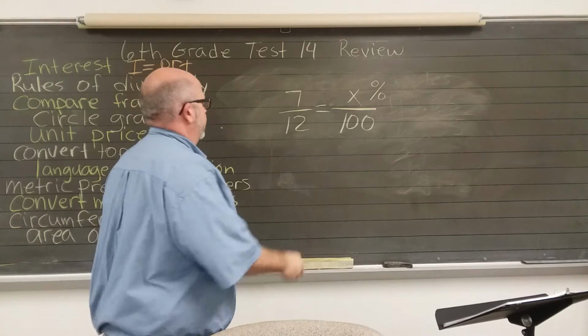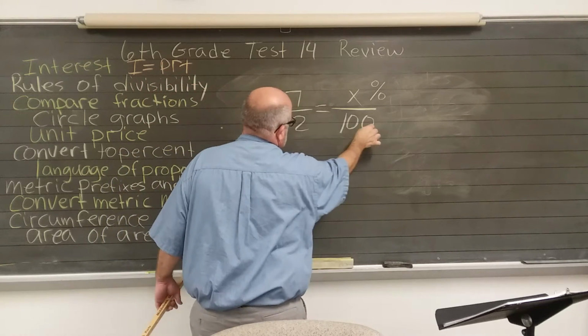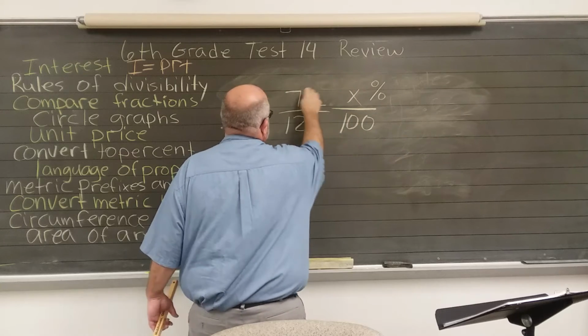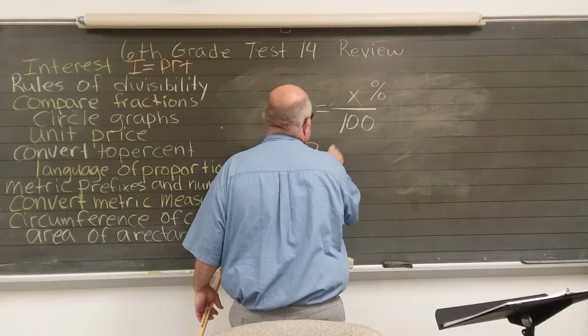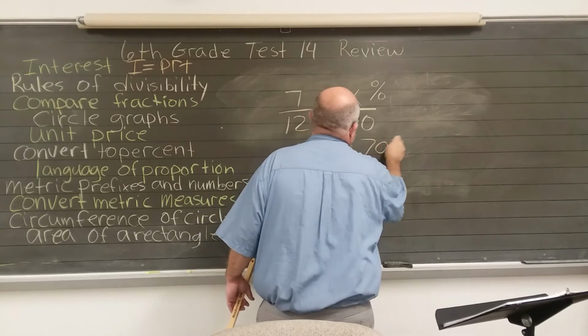So this is going to be 12x equals 700. 100 times 7 divided by 12 is really what it is. 12x equals 700.